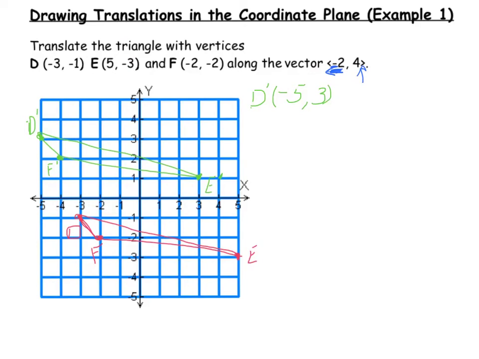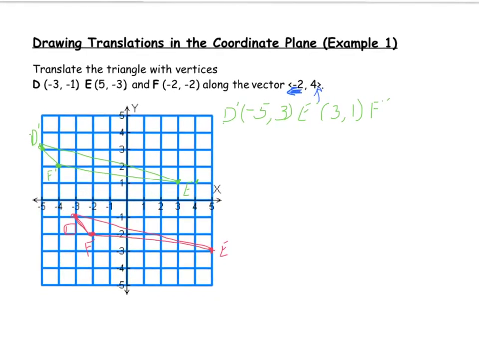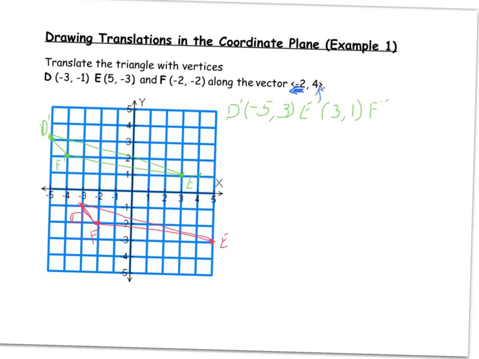And our E prime over there is 3 and 1. And our F prime over there is -4, 2.